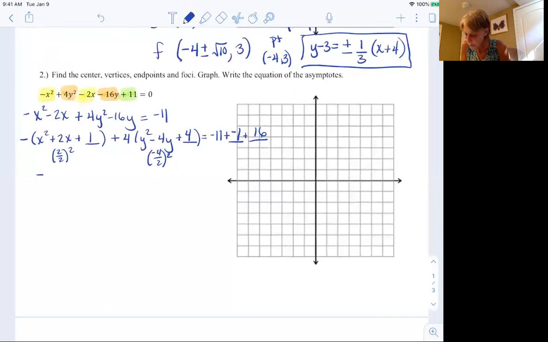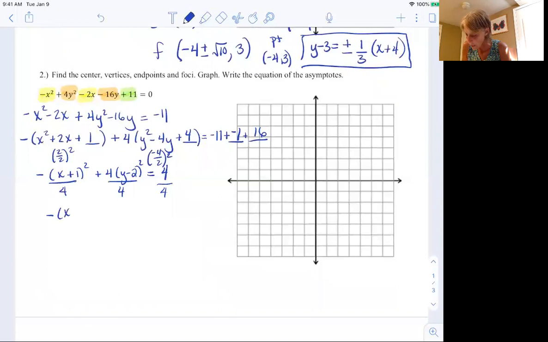So I have negative, this is going to be x plus 1 squared, plus 4 times y minus 2 squared equals negative 12 plus 16 is 4. I have to get this equal to 1, so I divide each term by 4.